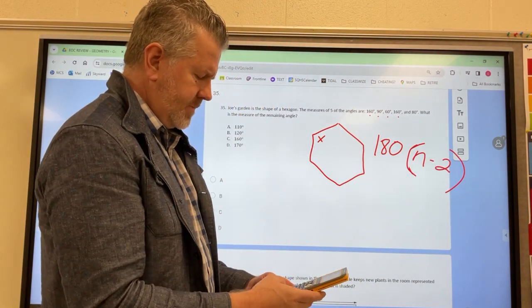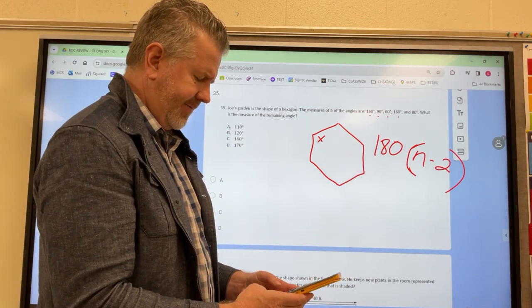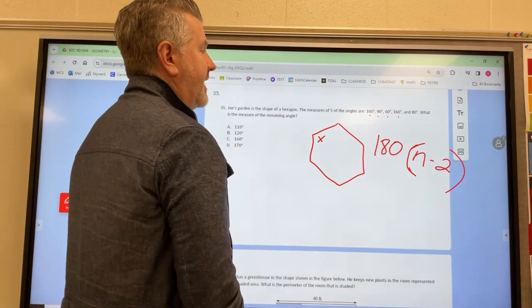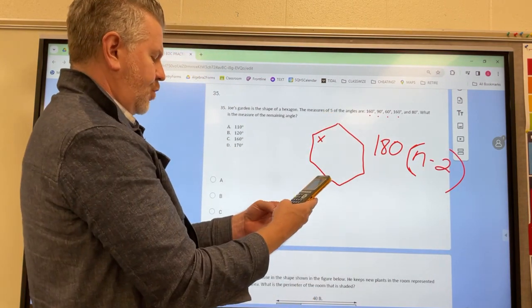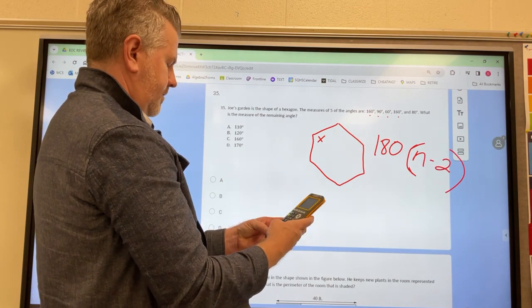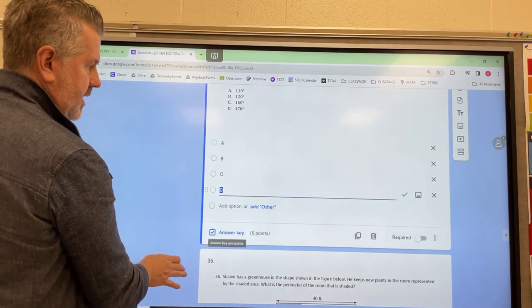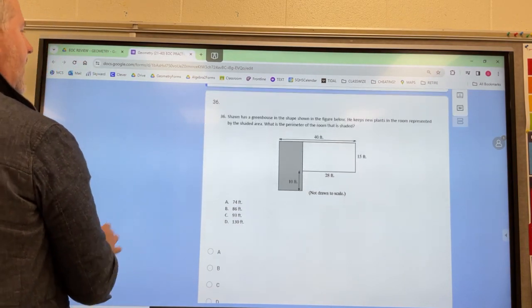So this one has 6 sides. N is the number of sides. So 180 times 4 is 720. So they all add up to 720. Now I'm just going to subtract each one of those angles, and the difference will be the angle that I want. 170. Boom. D. There we go. All right, 5 more.